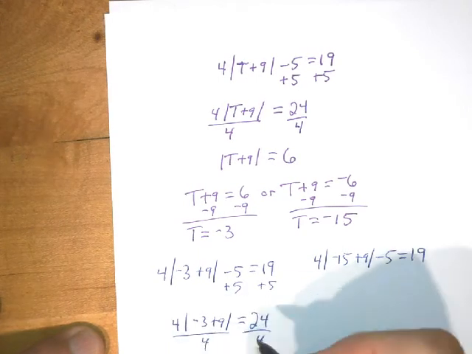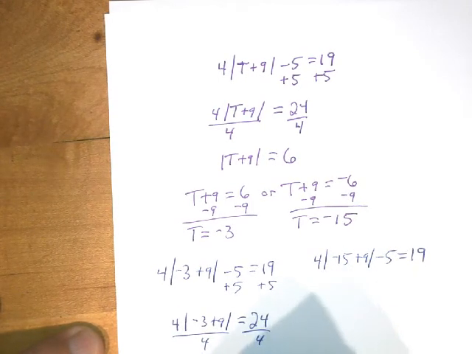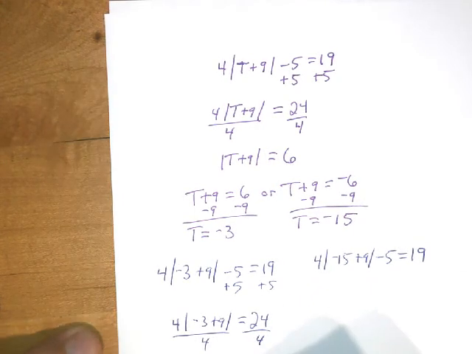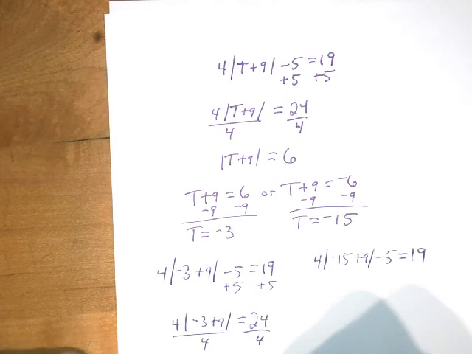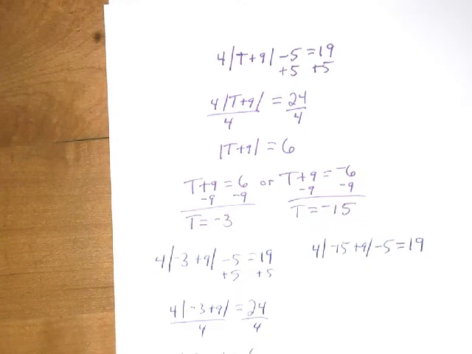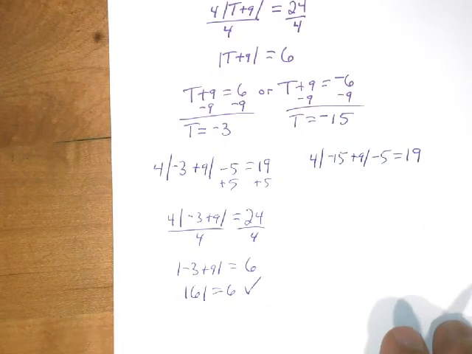This just happens to be the way I'm going through it. So I'm going to get rid of my multiplication. So divide by 4. And we get the absolute value of minus 3 plus 9 comes out to 6. And then just cleaning it up, minus 3 and 9 is 6. And the absolute value of 6 equals 6. So that is correct.